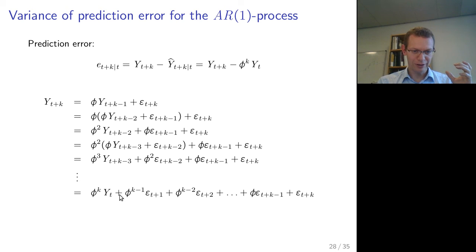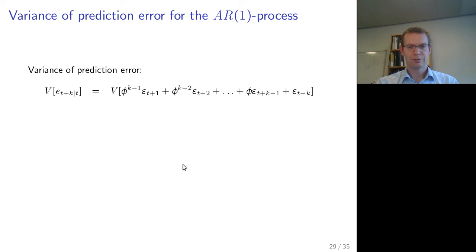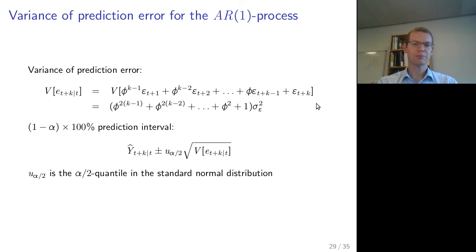So we need to take this one squared times sigma epsilon squared plus and so forth. It's written here, the variance of this sum. We can see that we need to take each of the multipliers here squared. So it's phi to the 2(k-1) power, and then phi to the 2(k-2) power, down to phi to the second power, and then a 1, all times sigma epsilon squared.